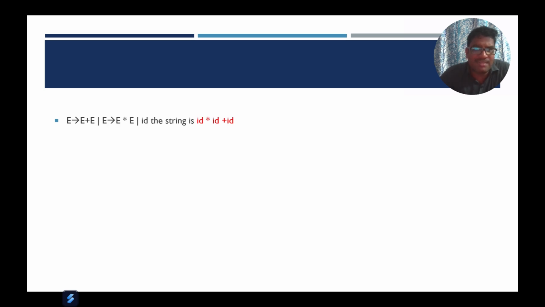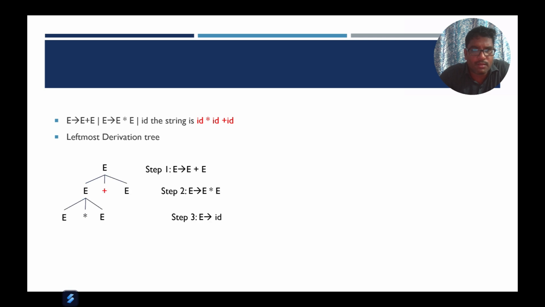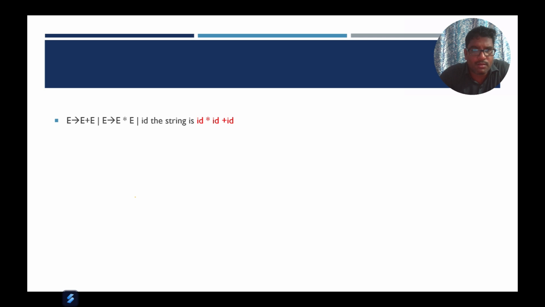Next, same example. Now I'm going to consider constructing the rightmost derivation tree. Right, rightmost derivation tree here. The first I'm going to consider E tends to E star E. So E is the root node.